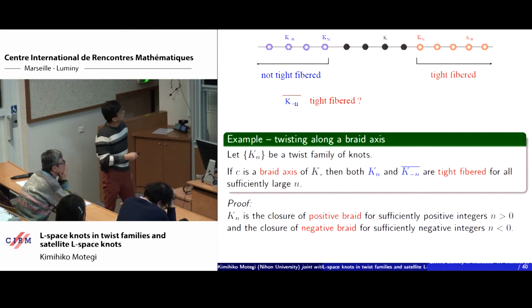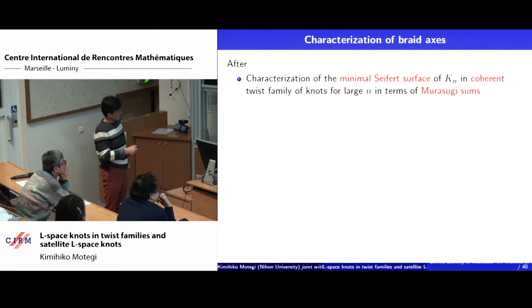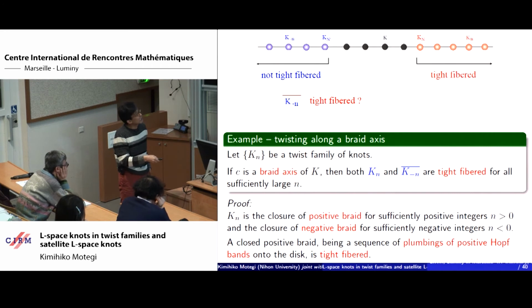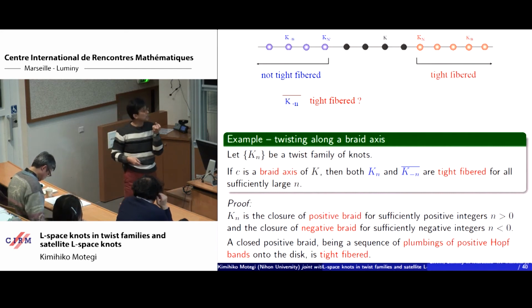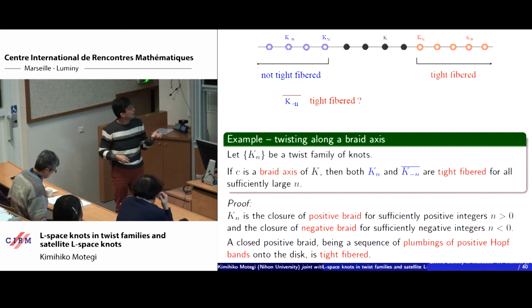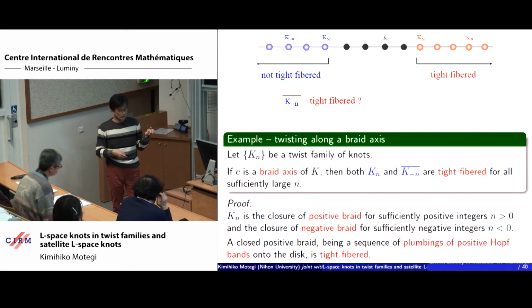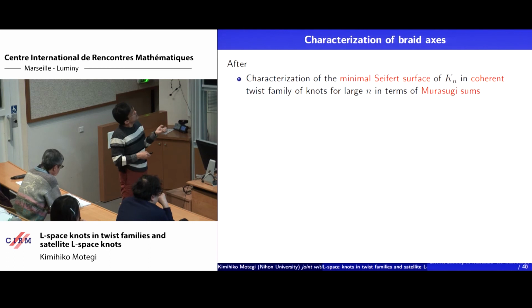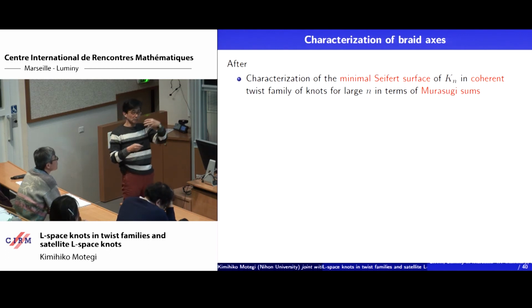And similarly, K_n is the closure of a negative braid for sufficiently negative integers n. And a closed positive braid, being a sequence of plumbing positive Hopf bands onto the disk, is tight fibered. So this is a typical example, and we omit the details. We need a few more steps.